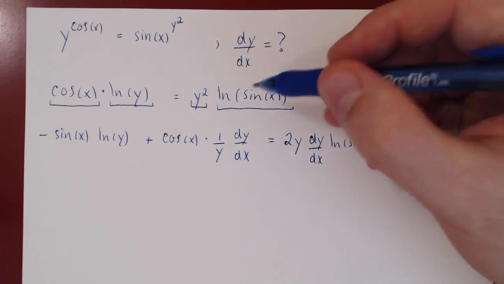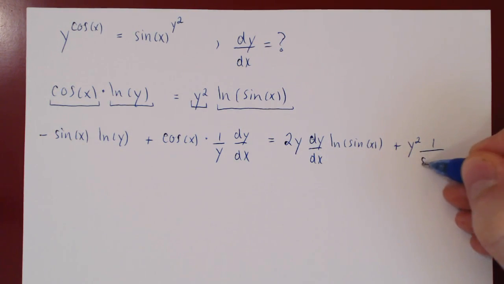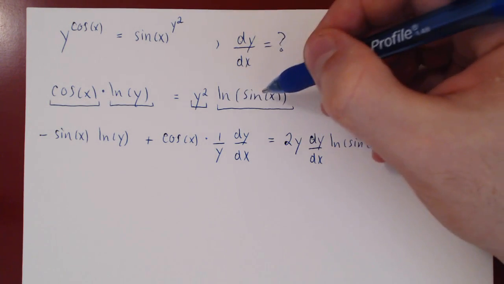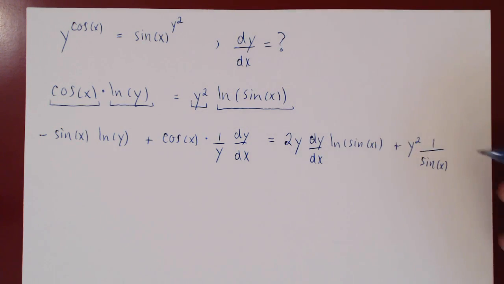So we use the chain rule here. The derivative of ln is 1 over what's inside, so 1 over sine of x. Chain rule, that is just the derivative of ln times the derivative of what's left over, which is sine of x. The derivative of sine is cosine of x. And now we have the derivative.